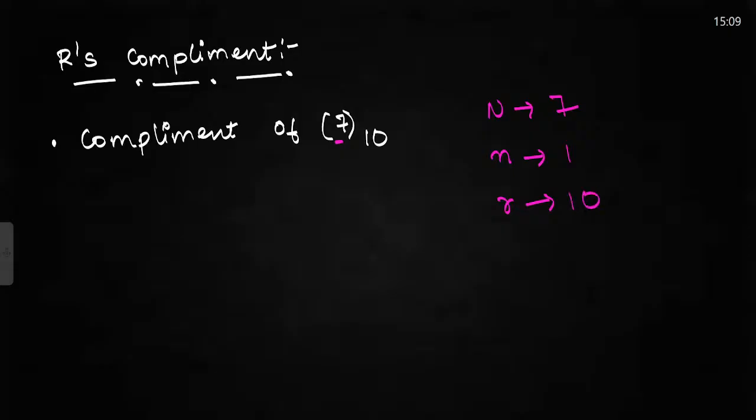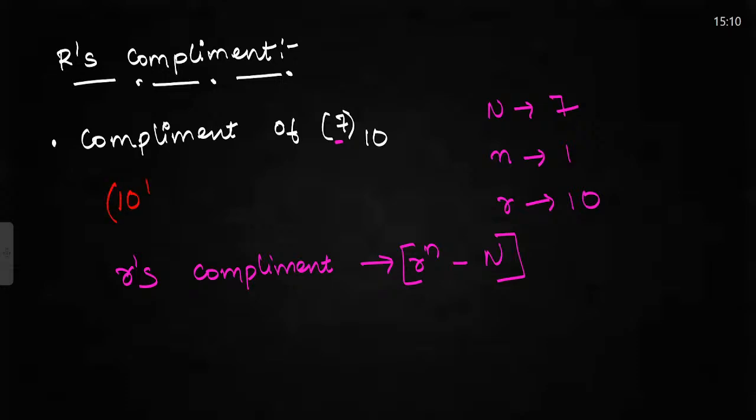In order to find R's complement, the formula is r power n minus N. Substituting, 10 power 1 is 10, minus 7, you will get 3. Complement of 7 base 10 is 3.